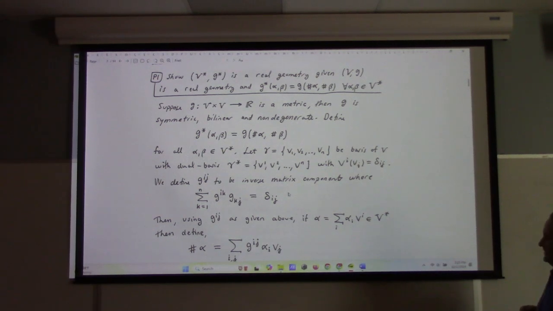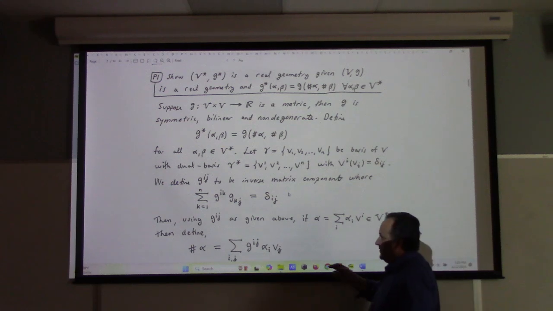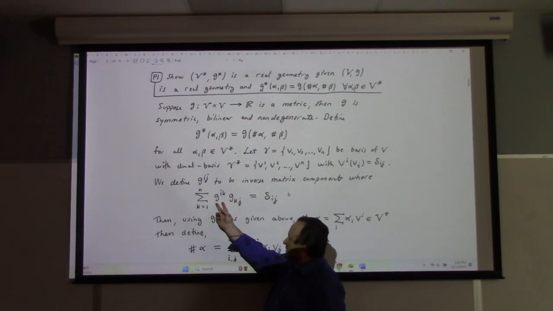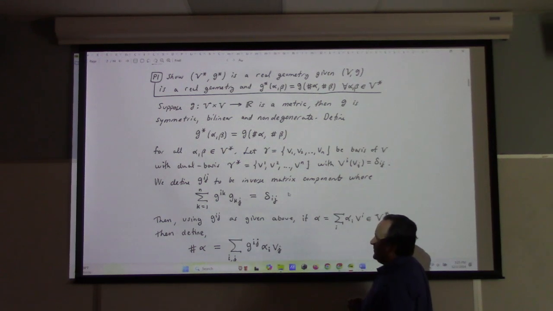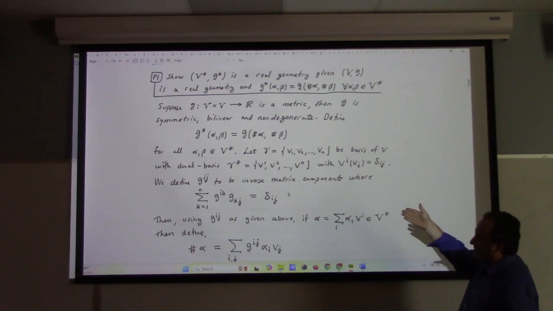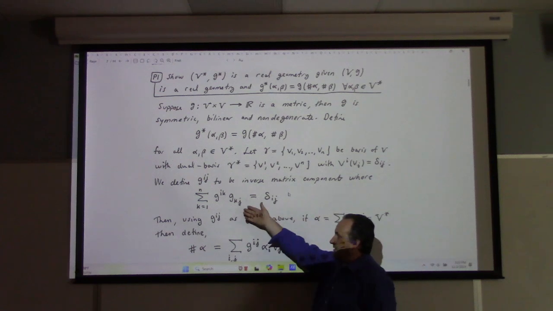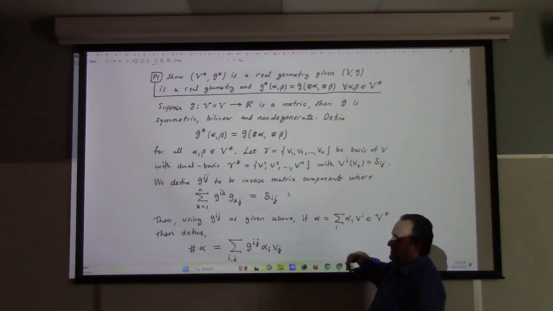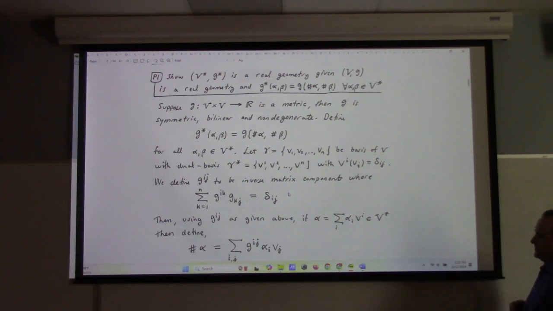And the metric upper components are defined to be the inverse components to the matrix of G, the so-called Gramian matrix. The inverse to that matrix has components G upper IK. That defines G upper IK unambiguously, right? That makes them the inverse matrix to the metric matrix.